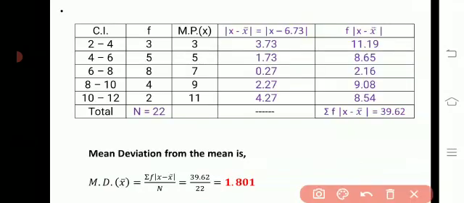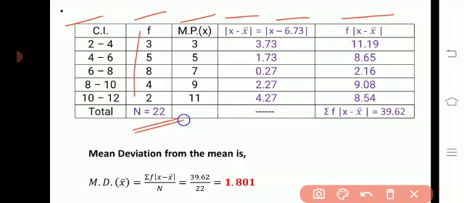Then for the calculation of mean deviation we have to find absolute value of x minus x bar, where x bar is 6.73, and f into absolute value of x minus x bar. Before that, class interval we will write as it is, frequency and midpoints. Here x values are nothing but midpoints, and if you add frequencies you will get capital N is equal to 22.